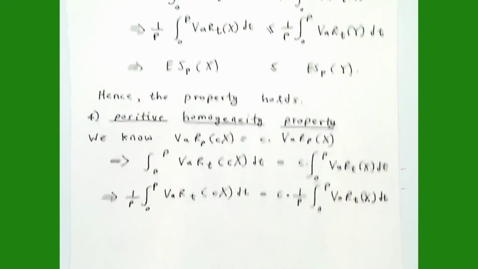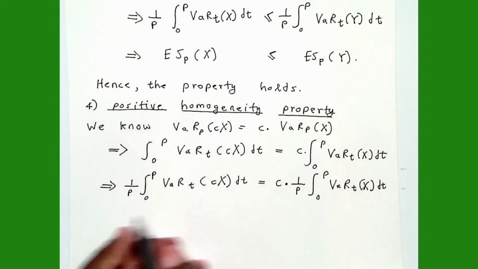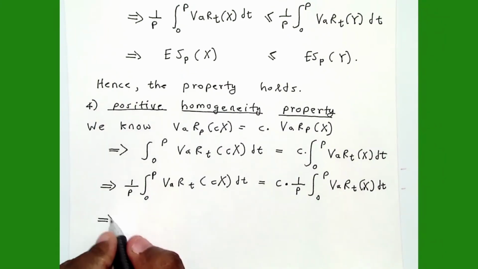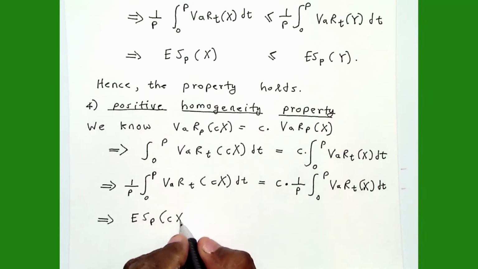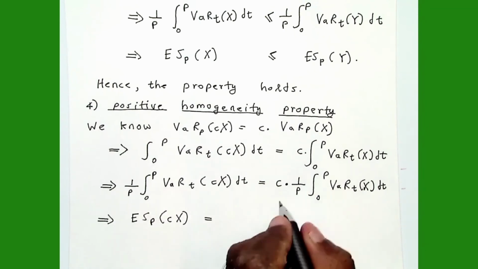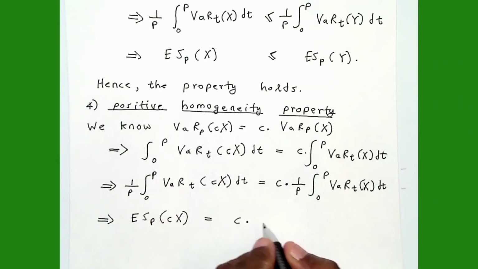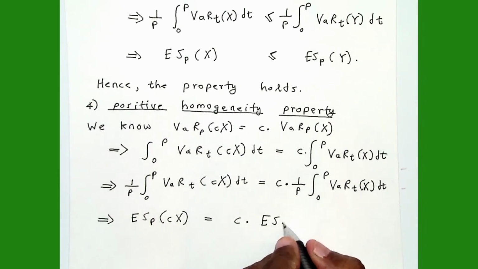Okay, so this will become, right. Now what you have here is precisely the expected shortfall of c times x at p, and what you have here is c times the expected shortfall of x at p.